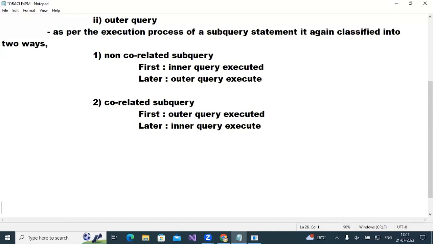So there are two kinds of execution process: inner to outer is one way, outer to inner is another. Whichever mechanism you use, finally both provide the same result. The way of execution may be different, but finally it gives the same result. So write one point below: both are providing same result.